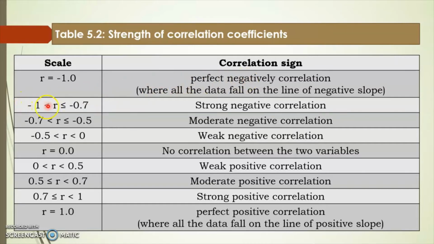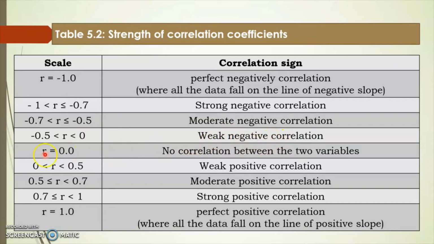If your R is between -1 and -0.7, then your factor and response has strong negative correlation. If your R is between -0.7 and -0.5, it means your variables have moderate negative correlation. And if it's -0.5 to 0, it means that your factor and response has weak negative correlation.